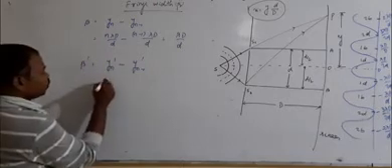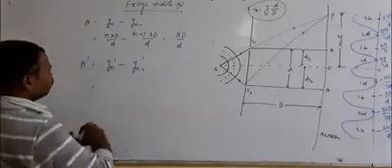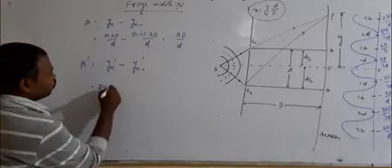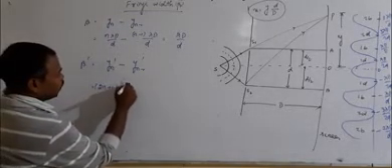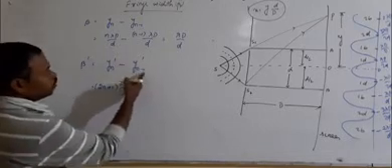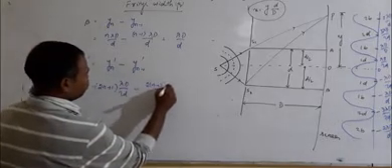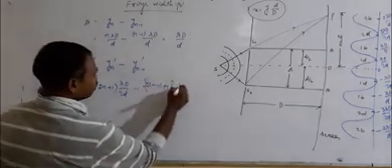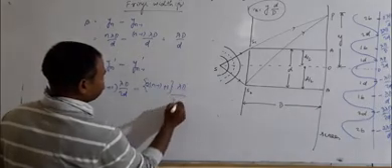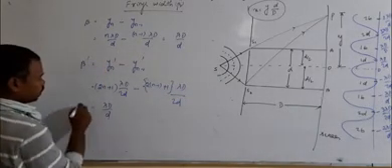So that is equal to (2n plus 1) lambda D by 2d minus, here n is replaced by n minus 1, so (2 into (n minus 1) plus 1) lambda D by 2d. If you solve, that is also equal to lambda D by d, beta dash.